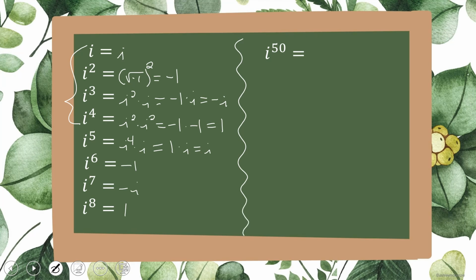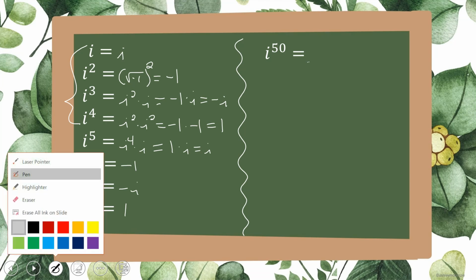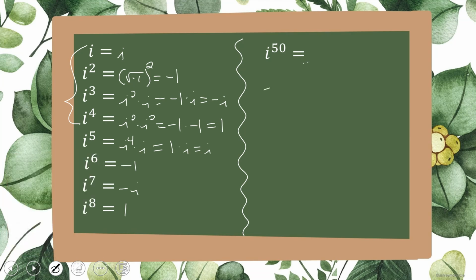So when we evaluate something pretty large like i to the 50th, I want to think, well, what multiple of 4 can go into 50? And that would be 48. So I'm going to rewrite this as i to the 48th, and then that would have to be times i squared.